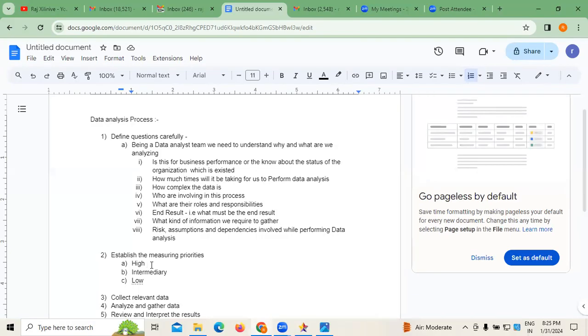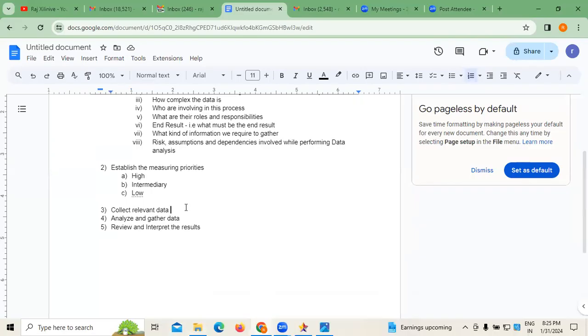The third one is low priority. Whatever priority items we have taken into consideration that come under low priority. High priority items separate, intermediary priorities separate, low priorities separate. This is how establishing and measuring priorities is performed. This is point number 2.